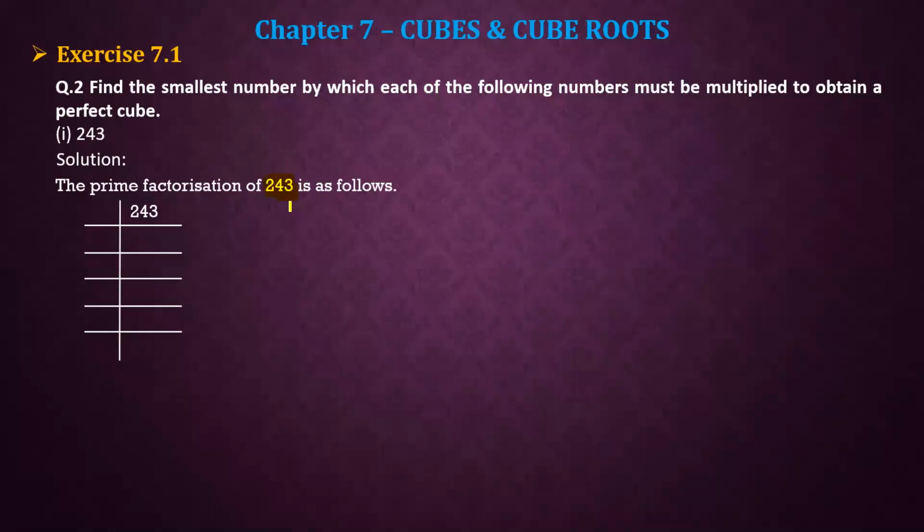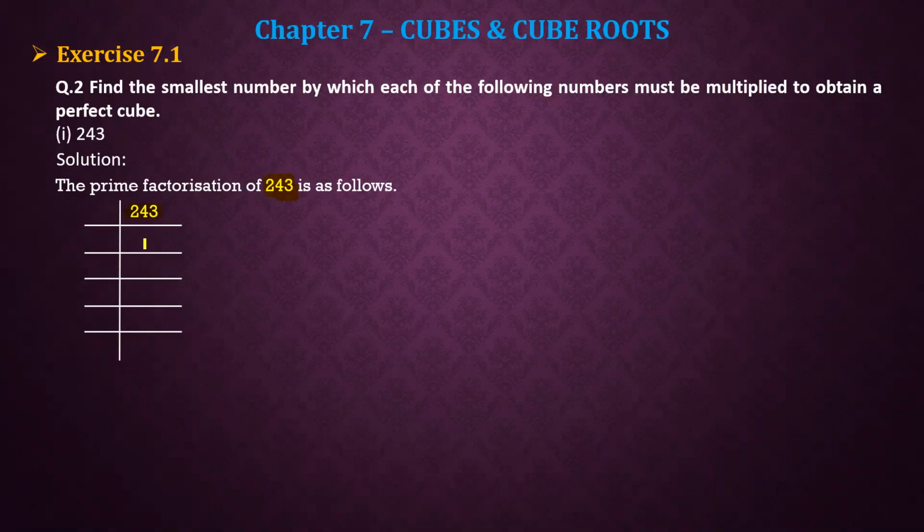Here, if we observe the given number 243, clearly it is an odd number. So first we have to find out whether this number is divisible by 3 or not. If it is not divisible by 3, then we move to the next prime factor, which is 5. So first of all we are going to divide it by 3.